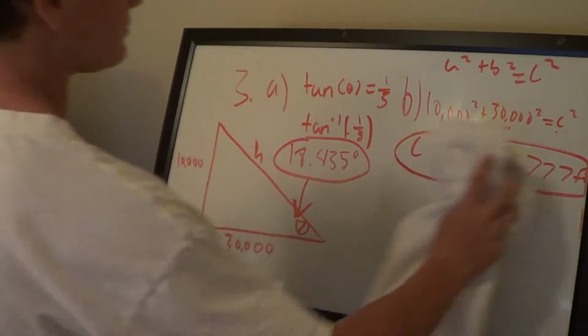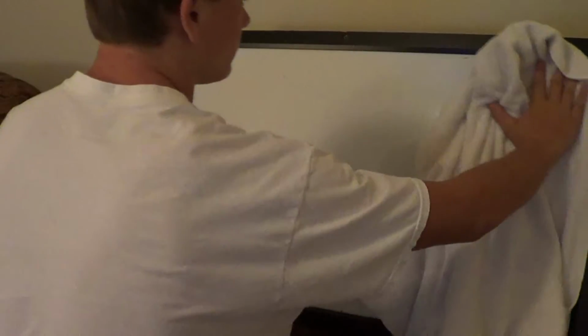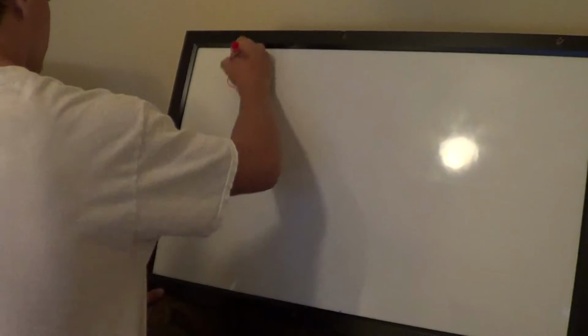On to the next one. Question 4. An observer 5.2 kilometers from a launch pad observes a missile ascending. At a particular time, the angle of elevation is 34 degrees.